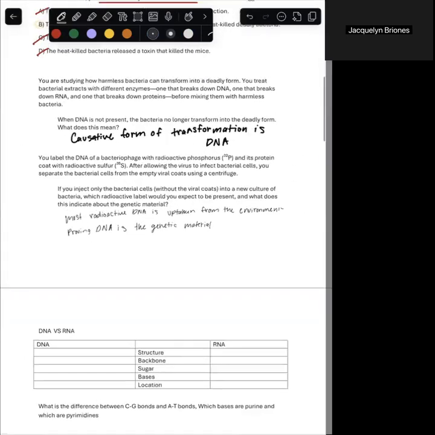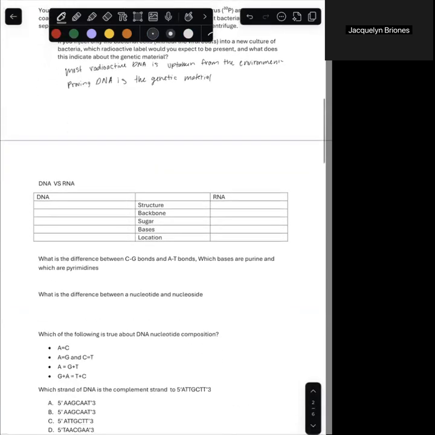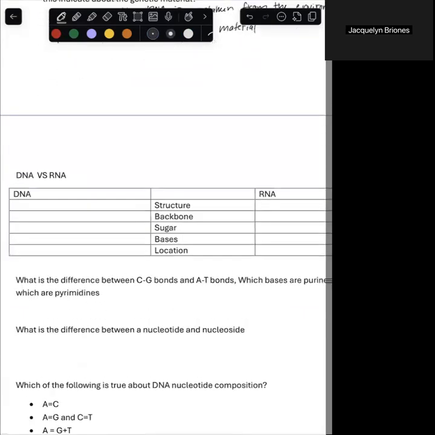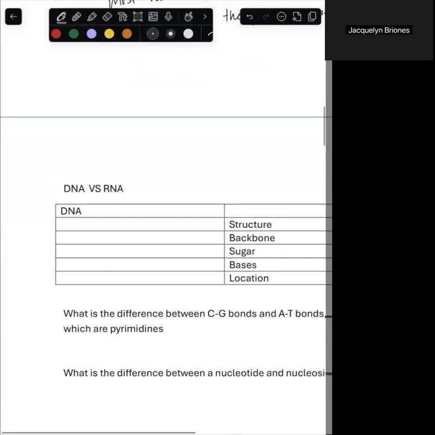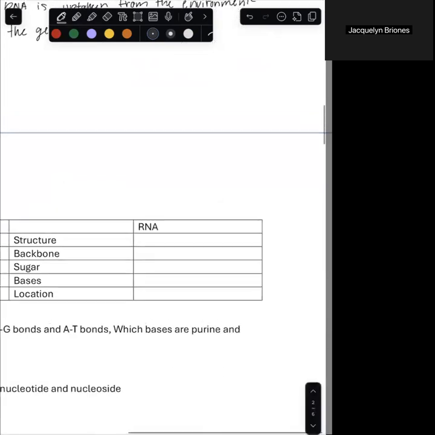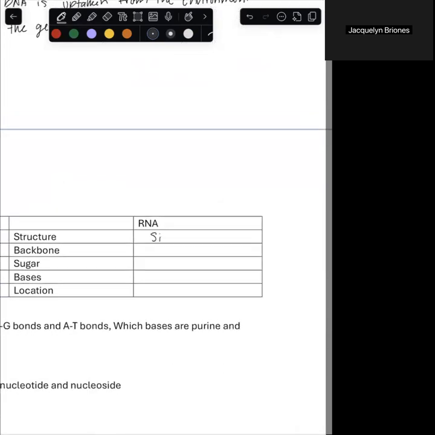Okay. And if you remember, that is the Hershey and Chase experiment. Now, DNA versus RNA, this is very important. Structure: DNA is usually double-stranded. RNA is single-stranded.